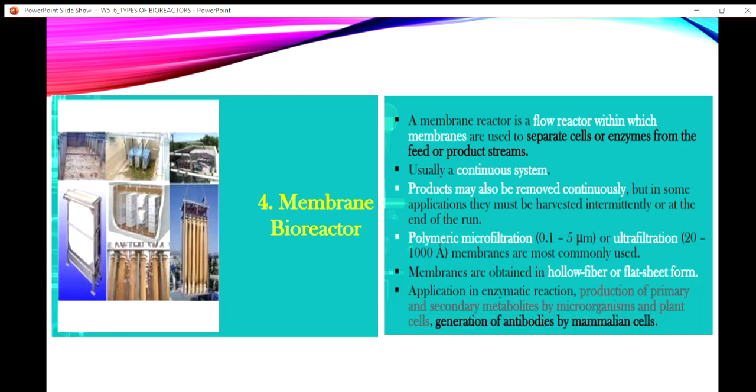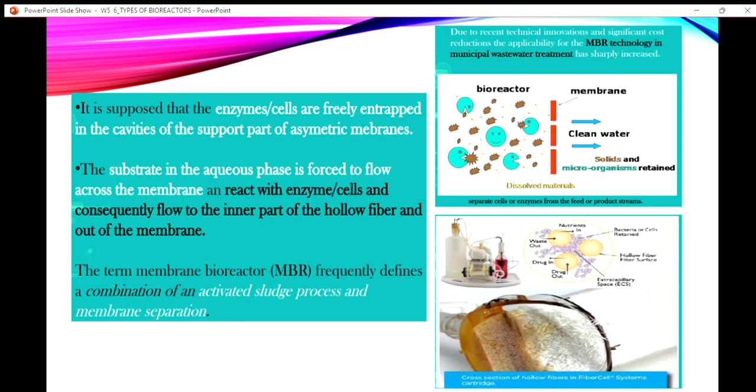Next is membrane bioreactor. For this membrane bioreactor, it is usually used for treating wastewater. How does it perform? Okay, this is your membrane. When you add wastewater, this membrane acts as a filter to trap all those unwanted dissolved materials.